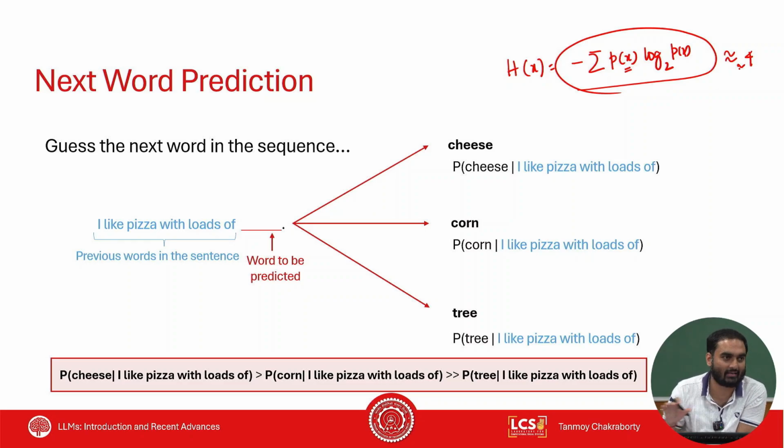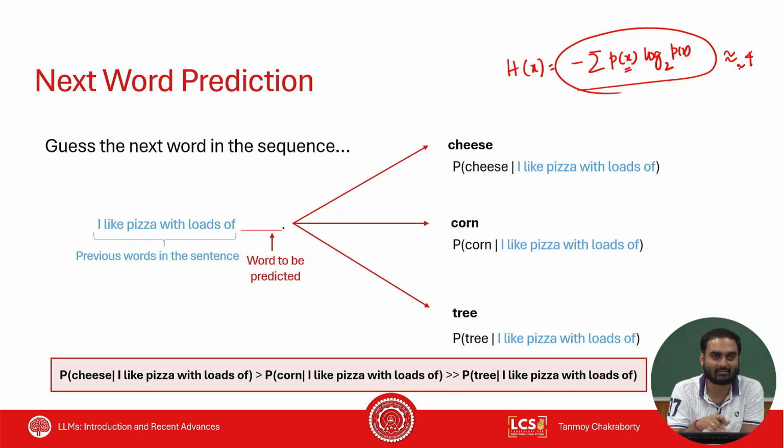Because you will see at the end of this chapter when I talk about perplexity, which is a metric used to evaluate a language model, there's a very nice relation between perplexity and entropy. Nevertheless, this is all about guessing the next character, guessing the next word.